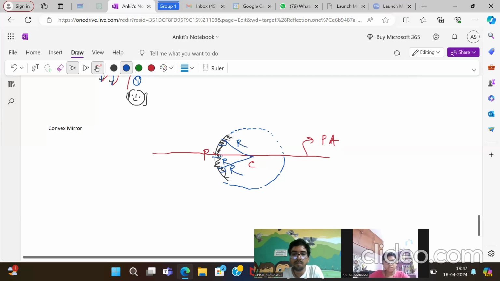So the principal axis is perpendicular to the mirror. This is the reflecting surface.